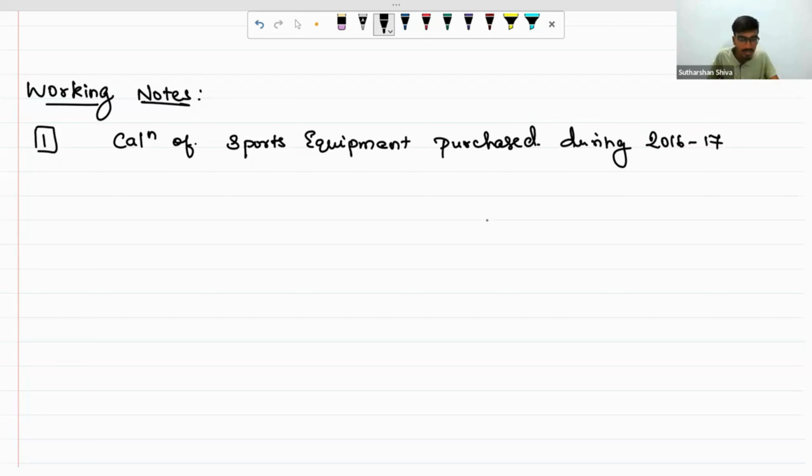Shall I need to write this? Yes, you need to write that part. Sports equipment account, debit, credit, rupee symbol, rupee symbol.